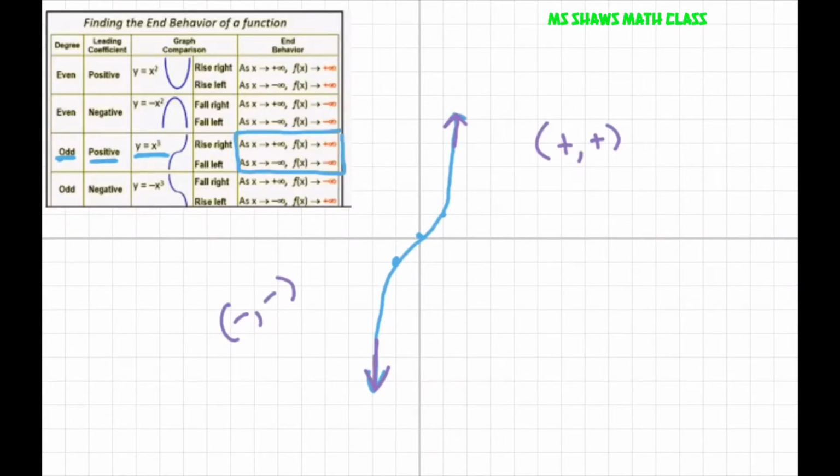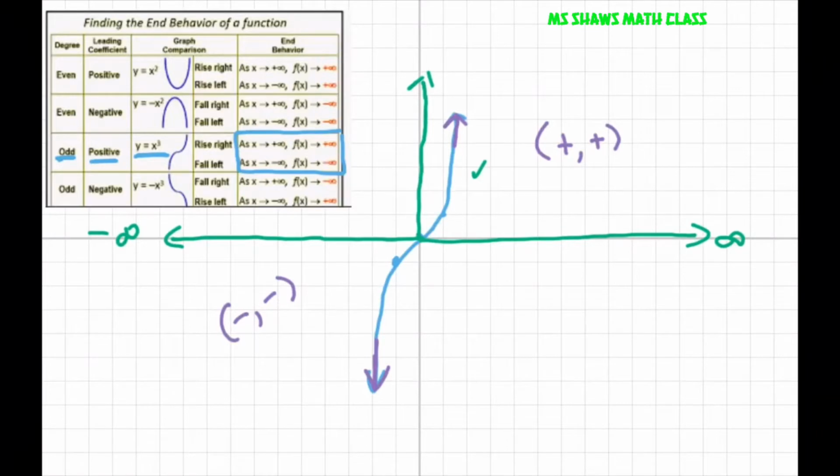So as x tends to get bigger and bigger, so does our y. So we're looking at this piece right here. And as x tends to get smaller and smaller, so does our y. And this is this portion in quadrant 3.